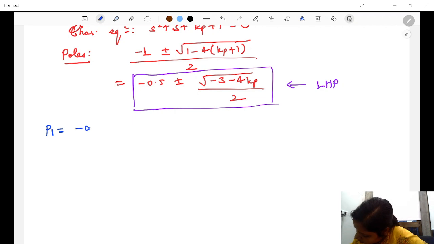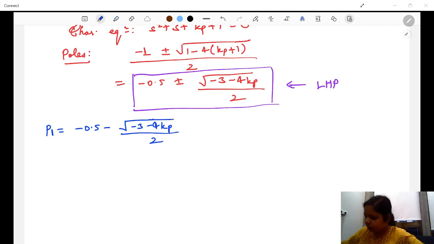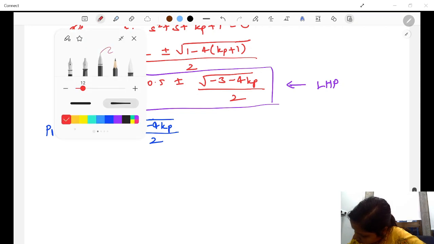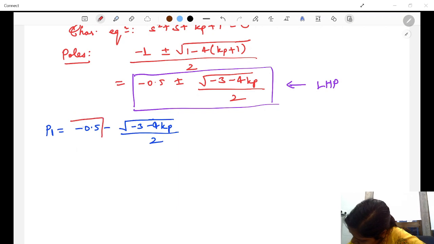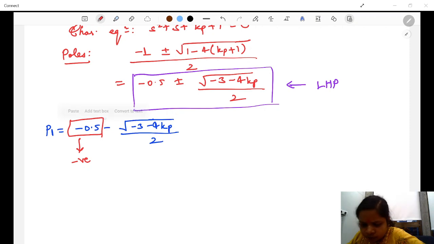P1 is minus 0.5, let's say I'll take minus 1 only first, plus square root of (minus 3 minus 4Kp) by 2. Now see, this term is already negative. So what else do we want? We want this whole term.